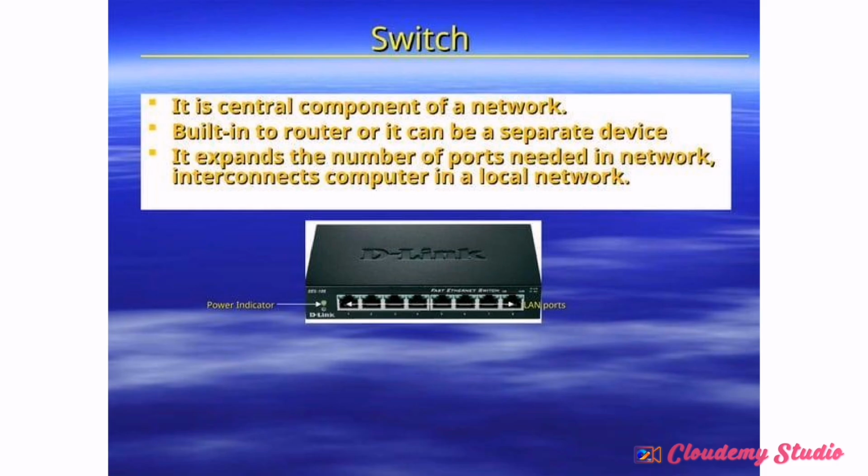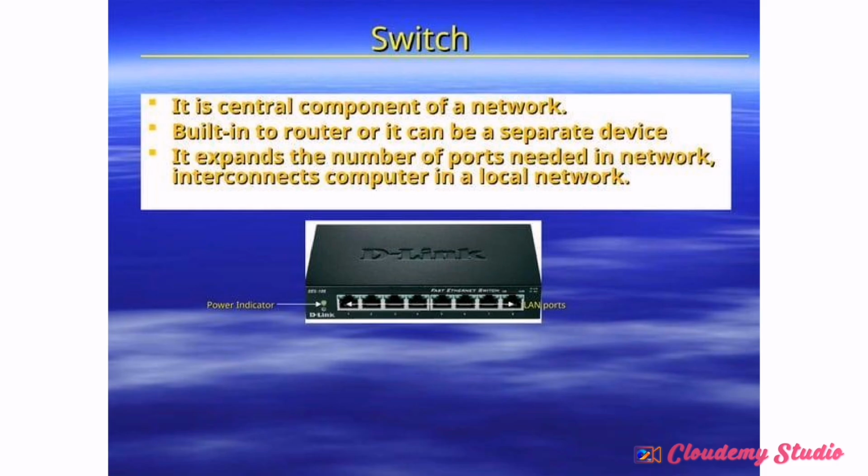A switch is a central component of a network. It's built into a router, or it can be a separate device. It expands the number of ports needed in a network and interconnects computers in a local network.